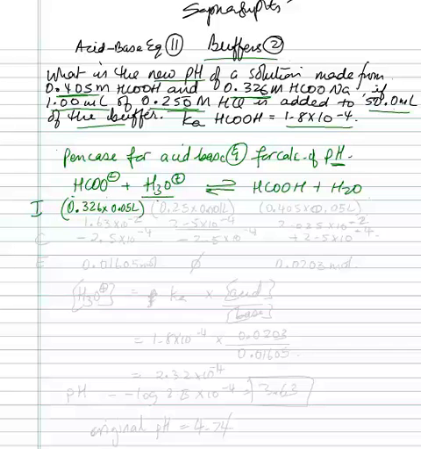So which means that the acid that's being added is 0.25 times 0.001 liter. That's the moles that we have. Moles of the acid are 0.405 times 0.05 liters because the buffer was 50 milliliters.